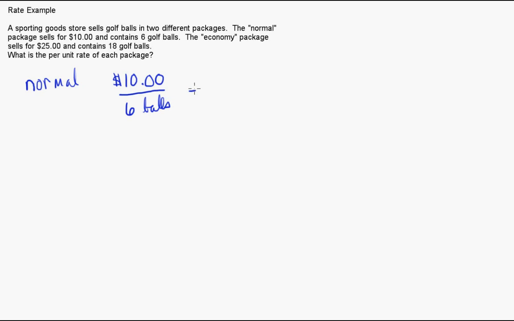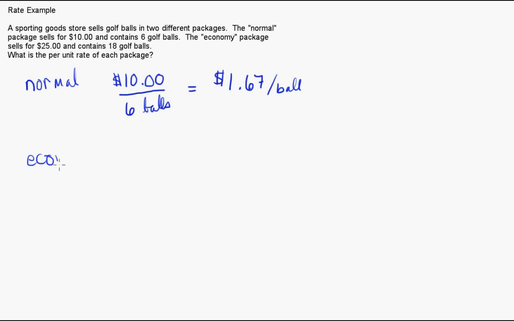If we work that out, it's going to come out to $1.67 per ball. So what that means is for each ball in this normal package, each ball is worth $1.67. So if you take $1.67 and multiply it by 6, you'll come up with 10.